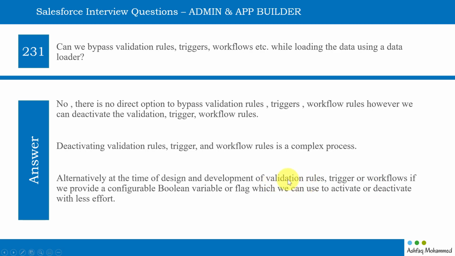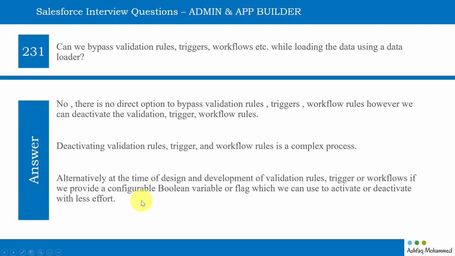That Boolean value can be set using maybe some custom labels or something like that. So we just change it to true, then validation will run, and if we change the custom label to false, then validation rules, triggers and workflow rules might be disabled. That is one of the best ways to do it. But if you don't have this design in place, then again it is a big effort.